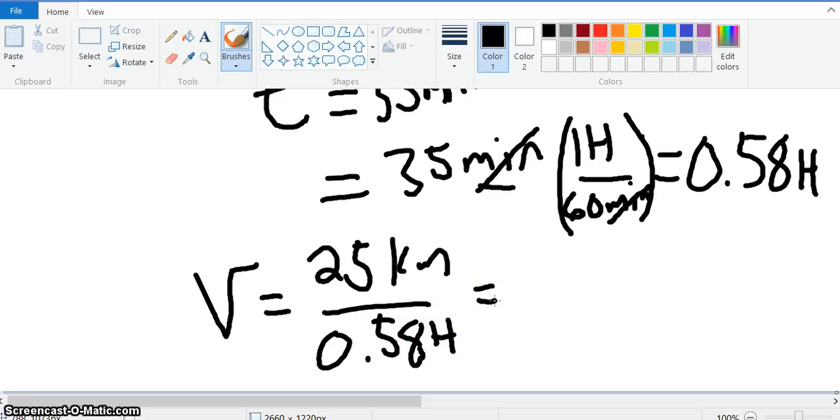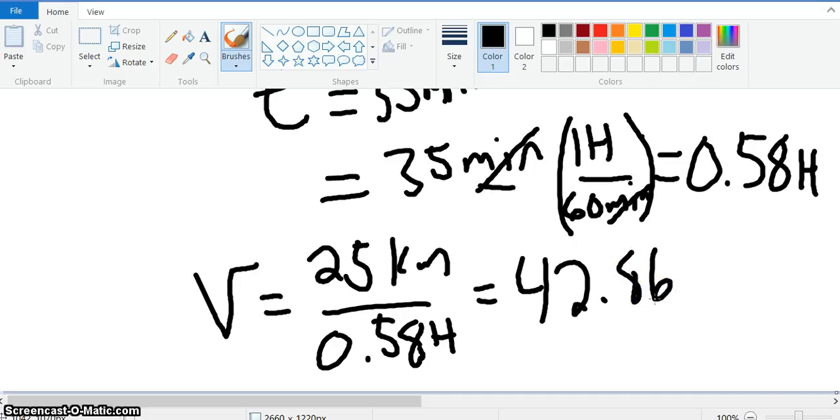And remember, the problem itself told us what to put the units in. So 25 divided by 0.58333, I get 42.86.